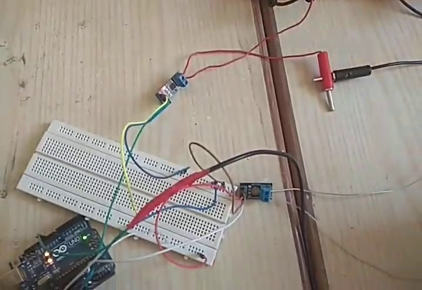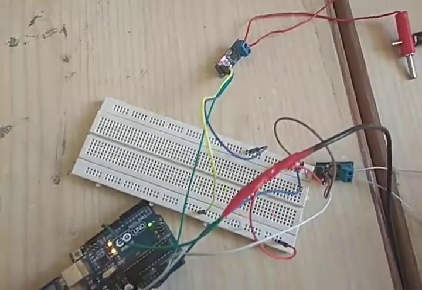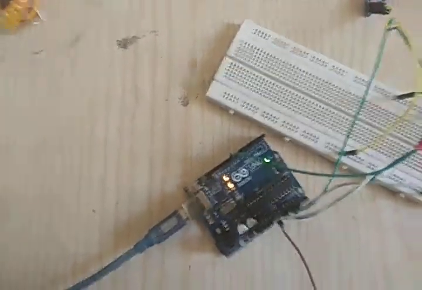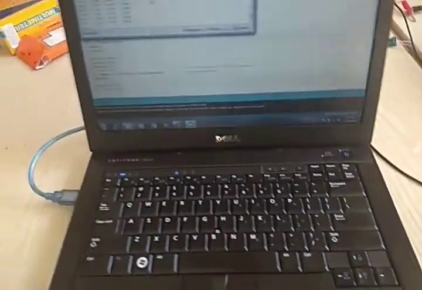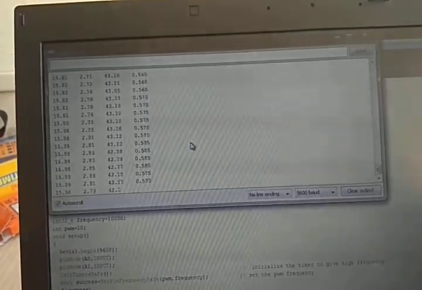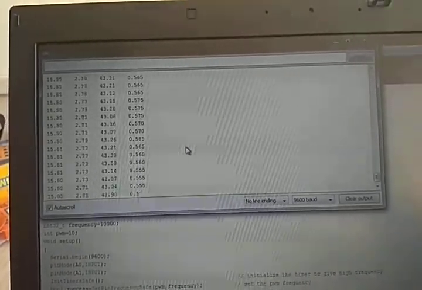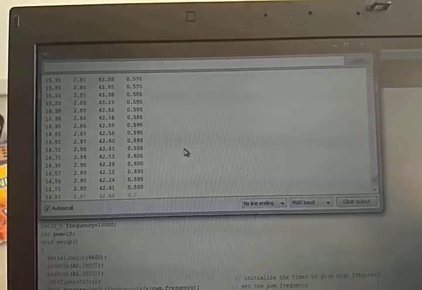These signals are given to the Arduino. The Arduino cable is connected to this PC, and on the PC a program is already loaded, and on this screen we are going to see and record the data available at the panel side.